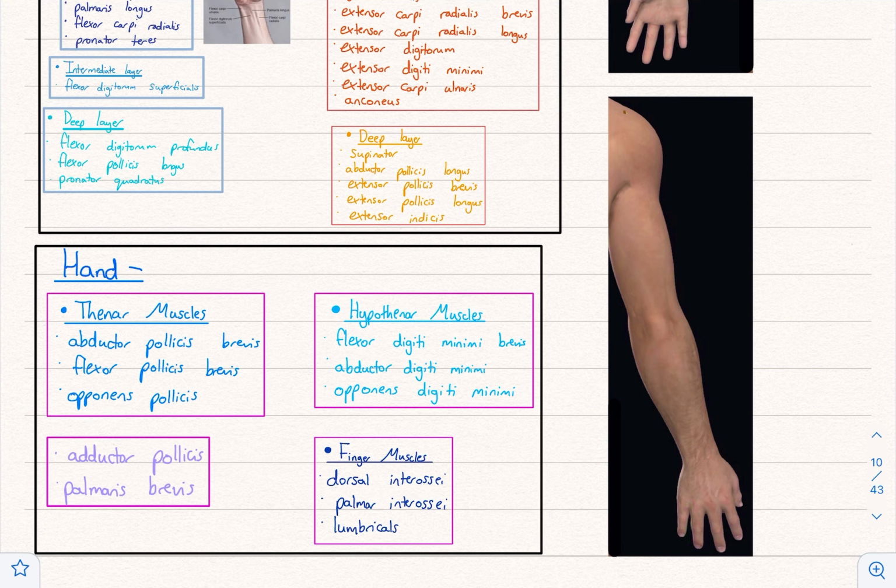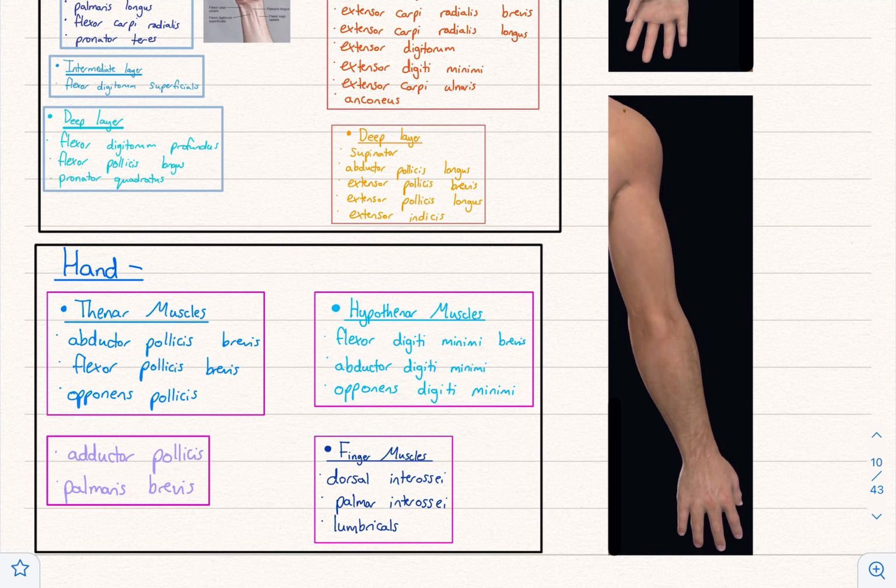Palmar interossei, this is on the front of your hand now, as opposed to dorsal, back. Palmar interossei, PAD. They adduct, bring your fingers together. So DAB and PAD. Lumbricals, what these do is they allow you to bend your fingers at the metacarpophalangeal joint, but your DIP and PIP remain straight.